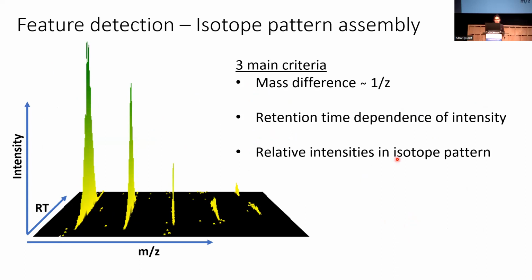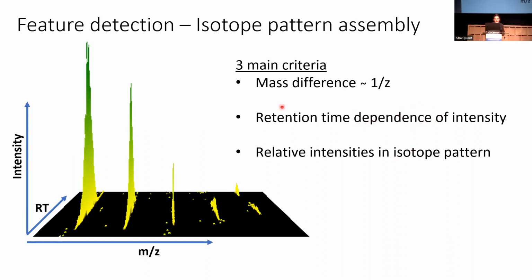The first of the criteria is that the mass difference between 2 consecutive features has to be around 1 over Z, which we discussed a couple of times already. It's what we would expect for 2 consecutive peaks in an isotope pattern.